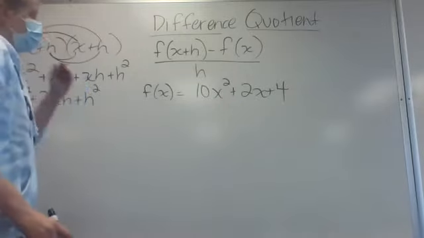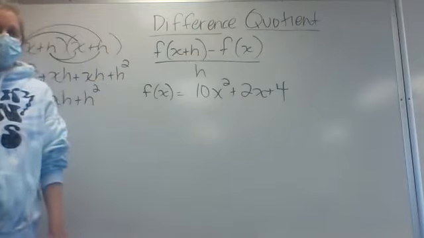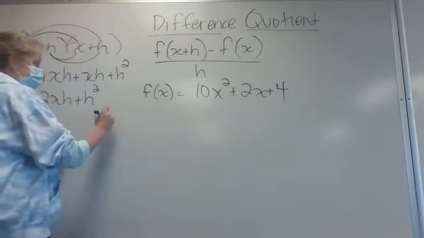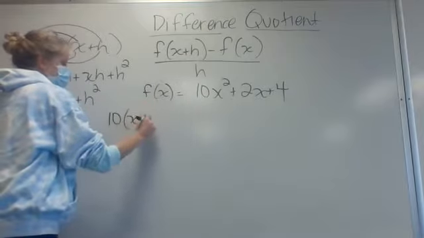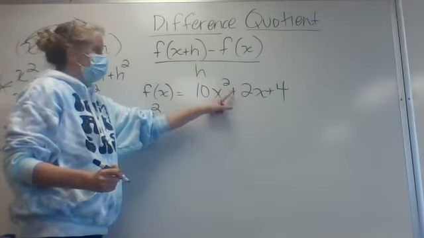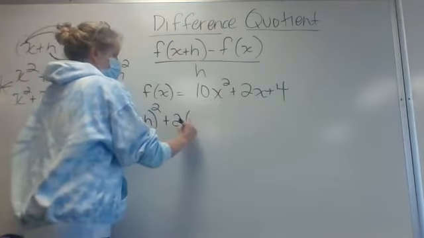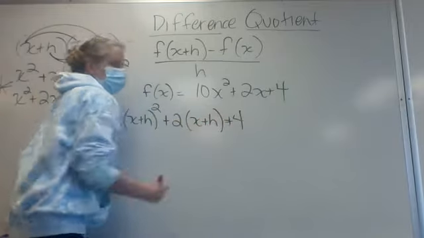All right, first things first, replace your x's with x plus h's. So I've got 10 times x plus h squared, plus 2 times x plus h, plus 4.